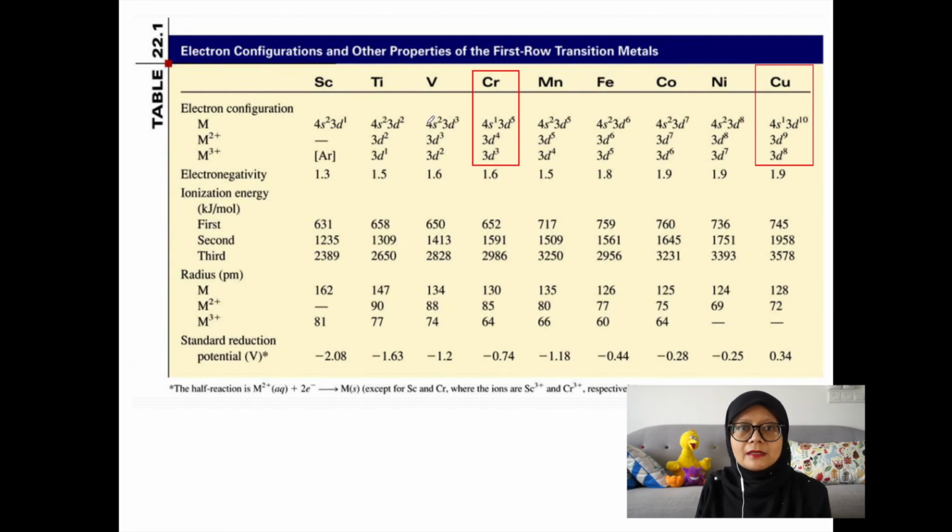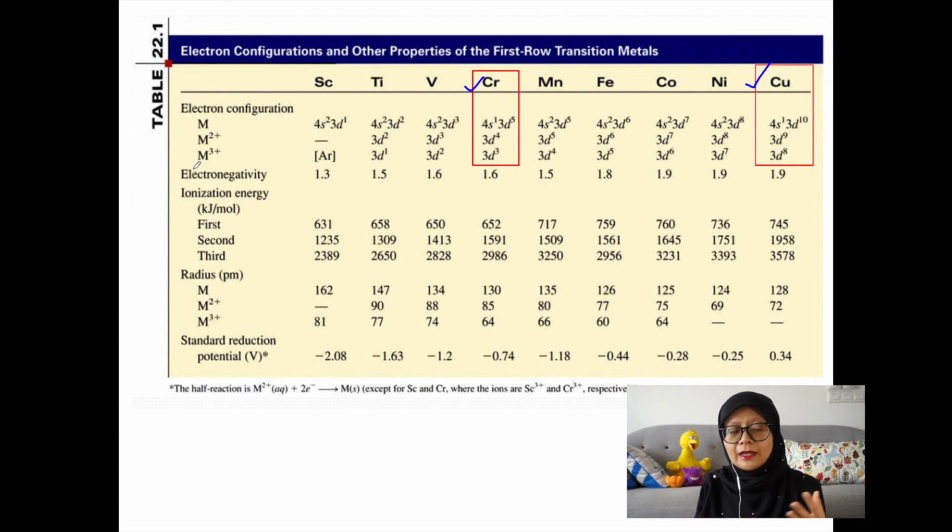Here, as you can see, this is table 22.1, where you can refer to the electron configurations and other properties of the first row transition metals. And please remember, as I mentioned before, chromium and copper are exceptions, with half-filled and fully filled configurations.